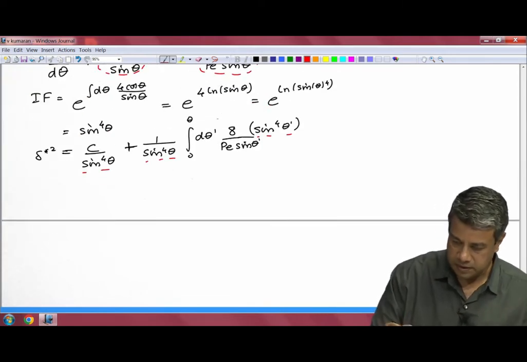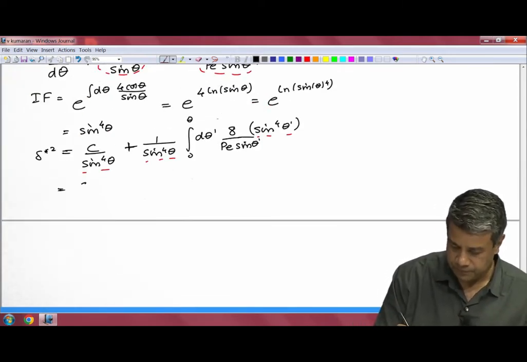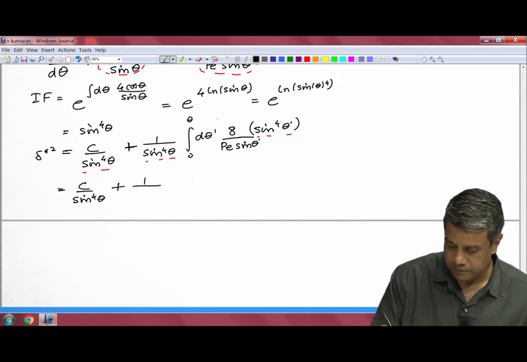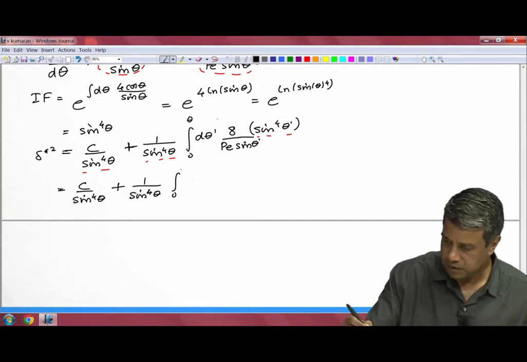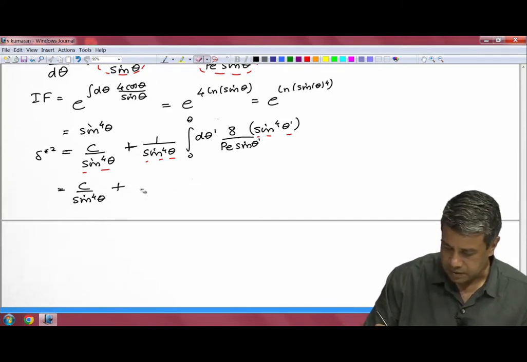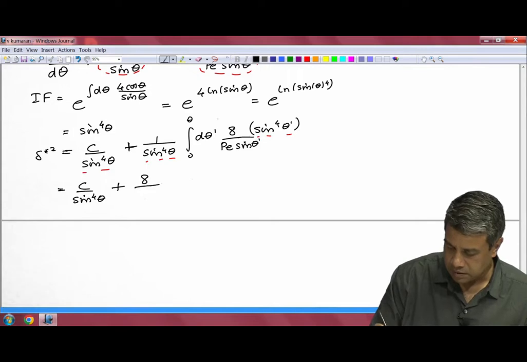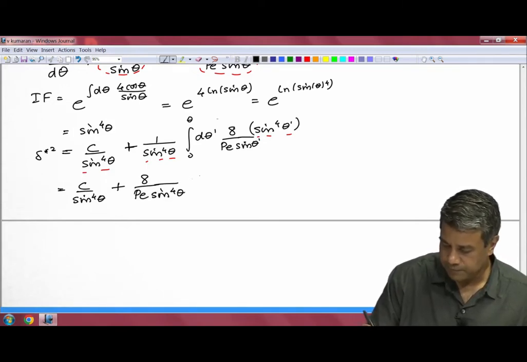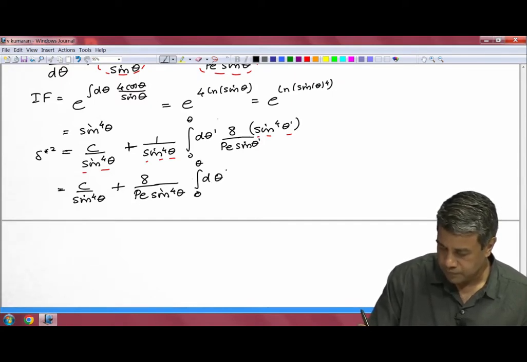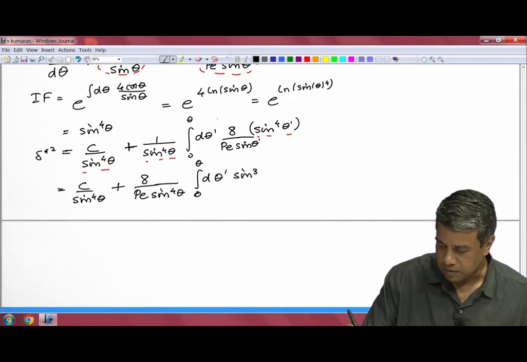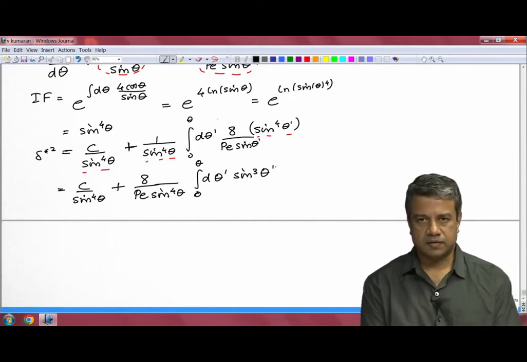So, this can be simplified. Take factors out. So, I will get sin cubed of theta prime. We have sin power 4 theta prime divided by sin of theta prime, which is sin cubed of theta prime.